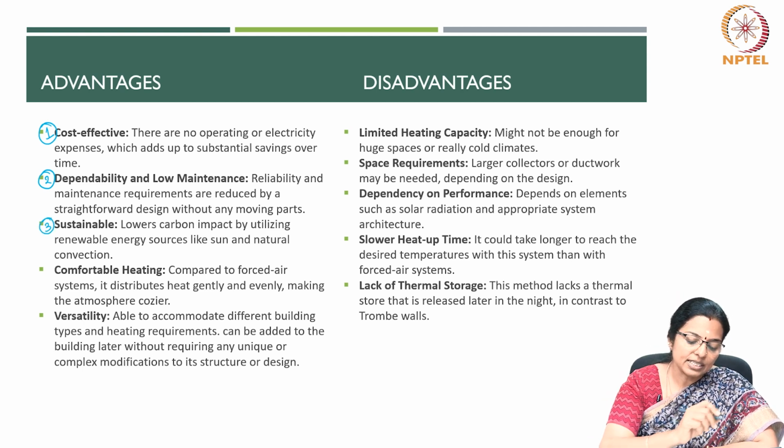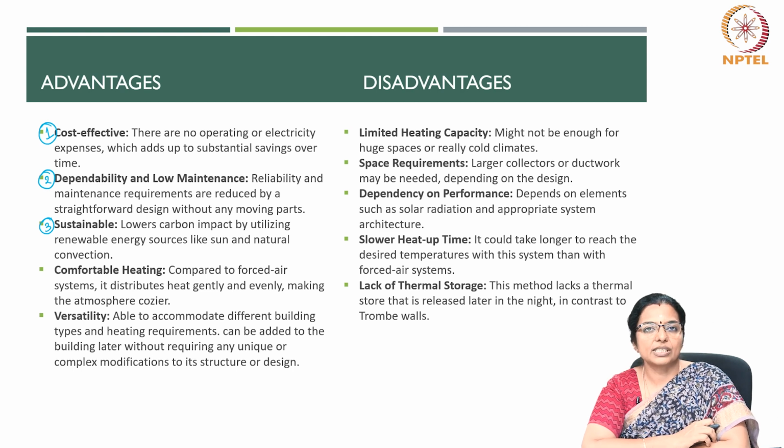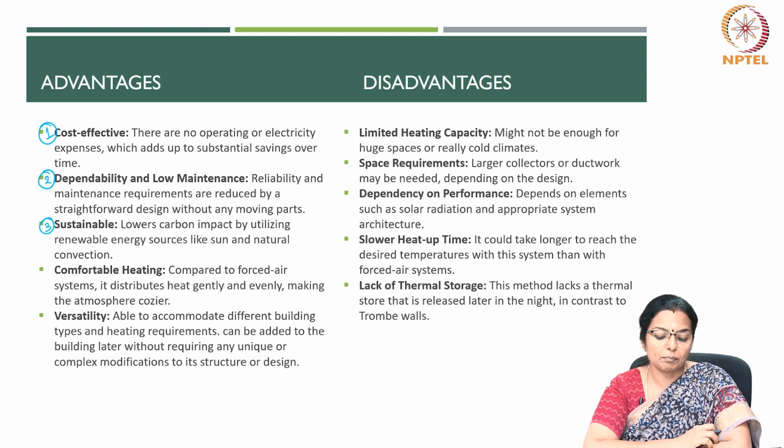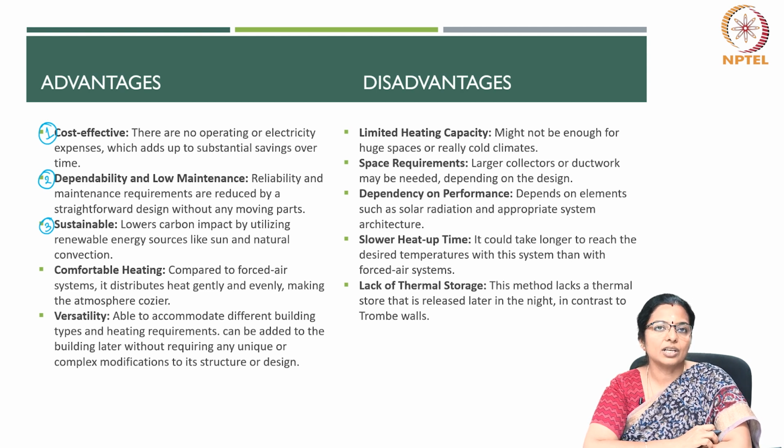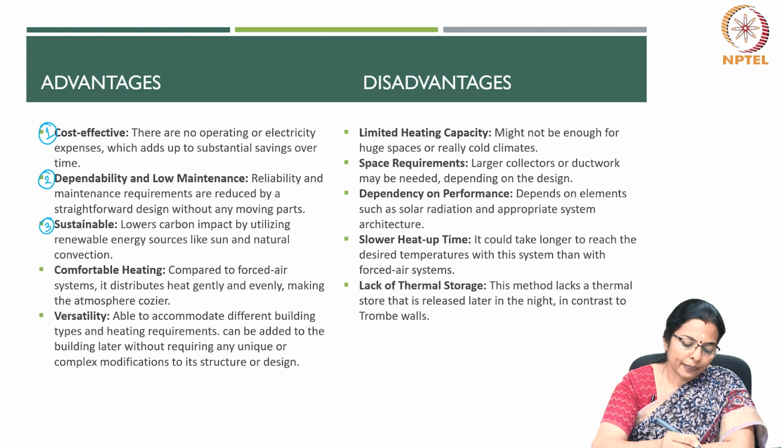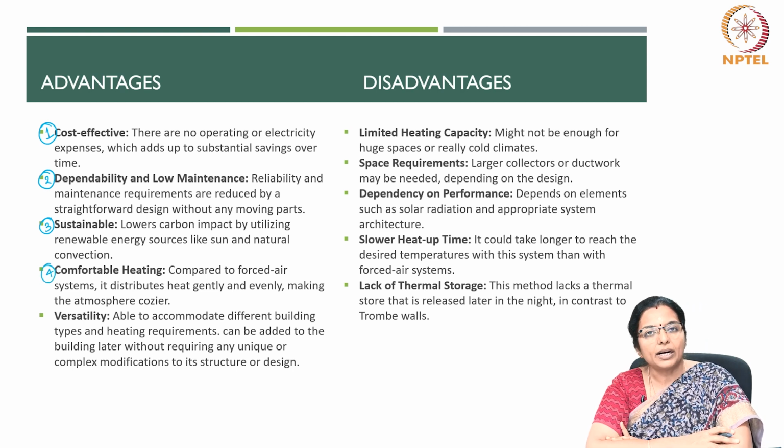Third, these are sustainable solutions as they lower carbon impact by utilizing renewable energy sources like the sun and natural convection methods. Fourth is comfortable heating. Compared to forced air systems, it distributes heat gently and evenly, making the atmosphere cozier.